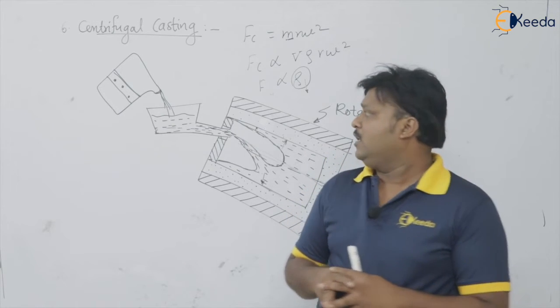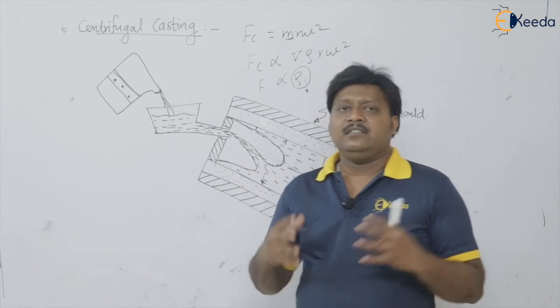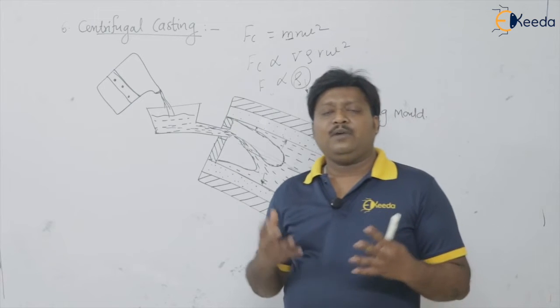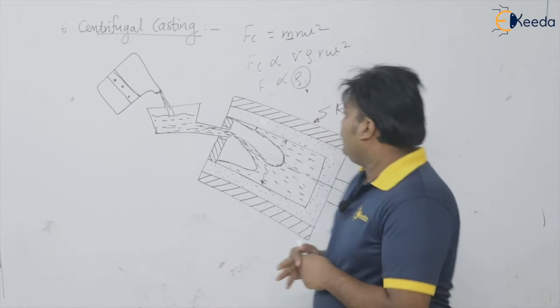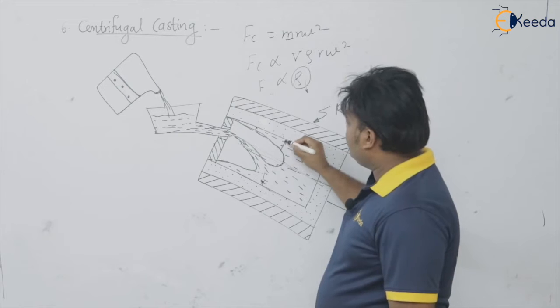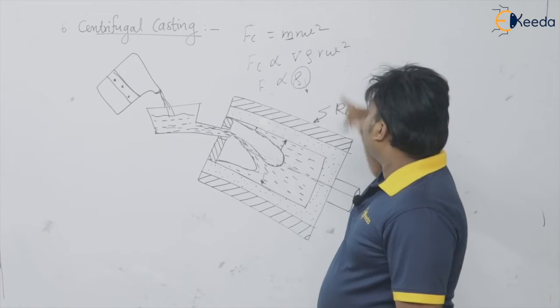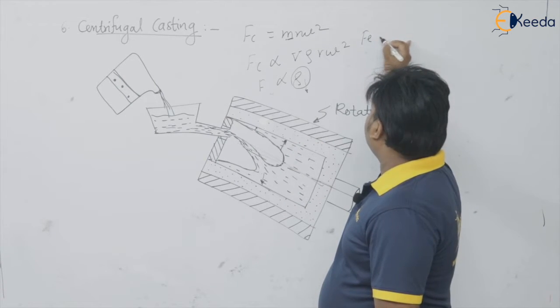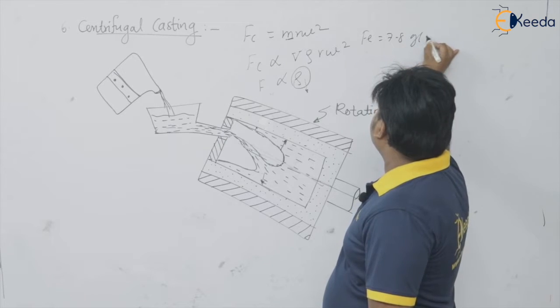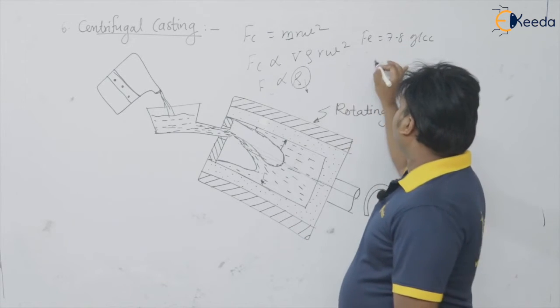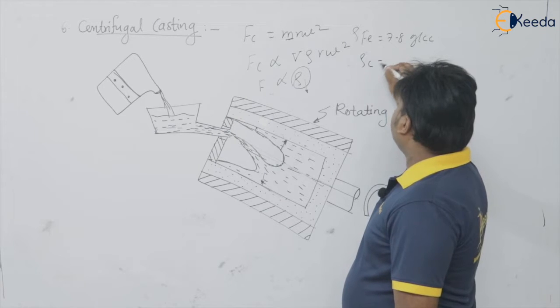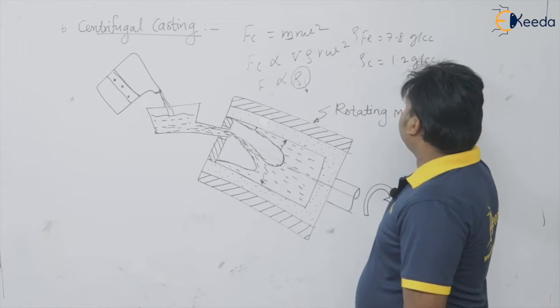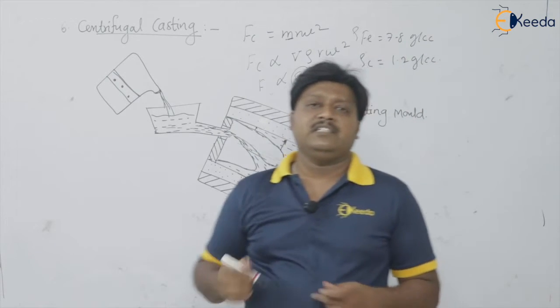Because of the centrifugal force, the density of iron is around 7.8 grams per cc, whereas the density of carbon is around 1.2 grams per cc. So there is a huge difference in the densities.